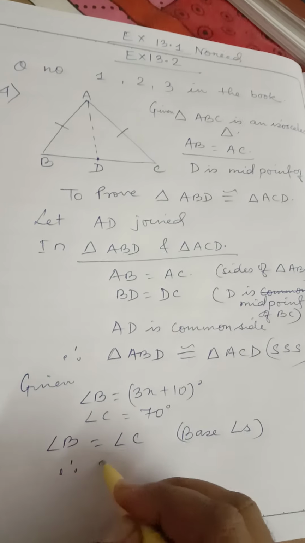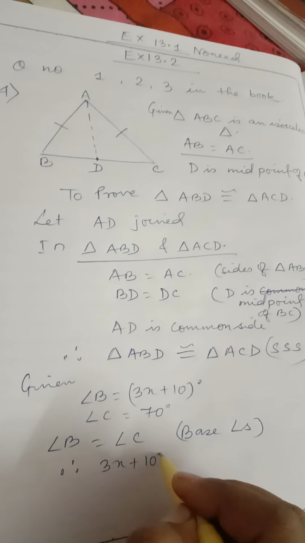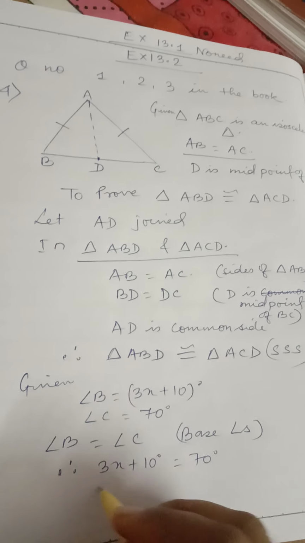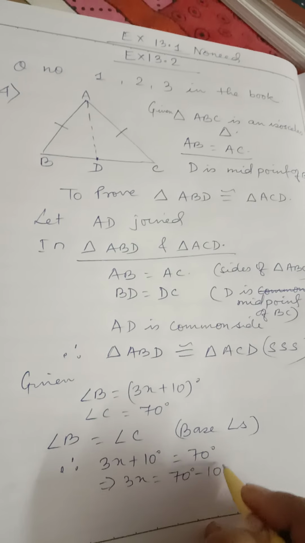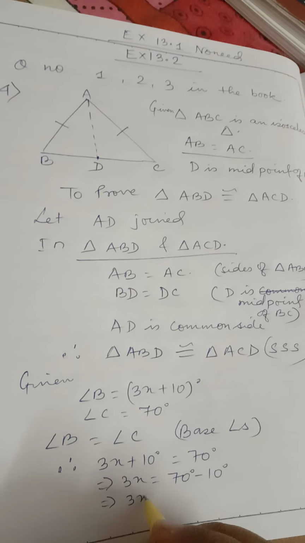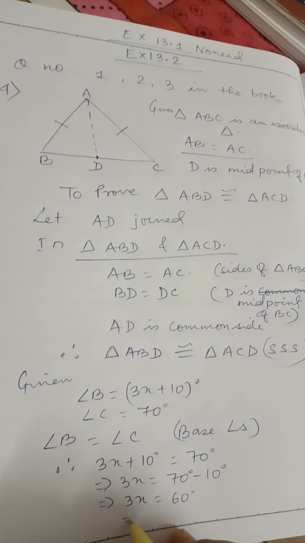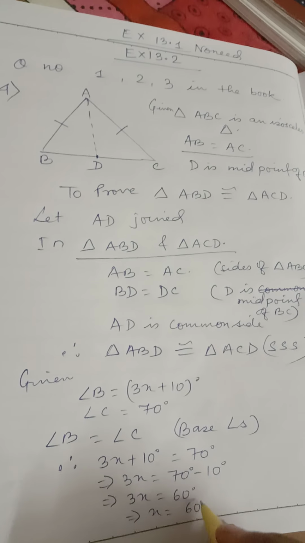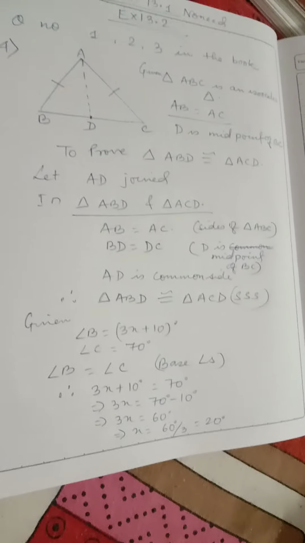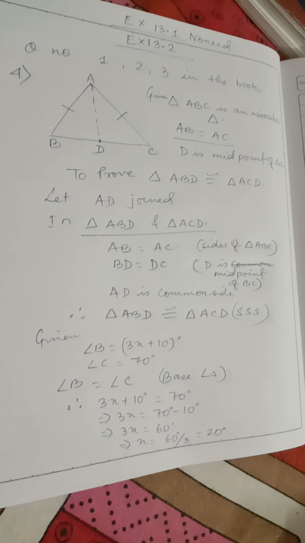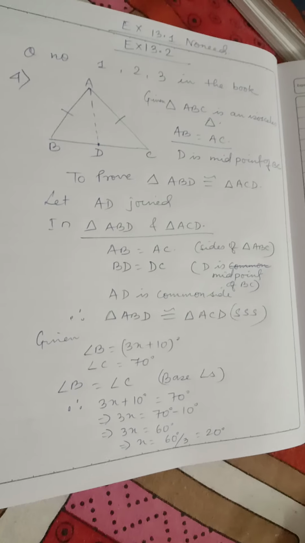So therefore we can write 3x plus 10 degree is equal to 70 degree. 3x is equal to 70 degree minus 10 degree. 3x is equal to 60 degree, or x is equal to 60 divided by 3, 20 degree. The value of x only they have asked you to find. So this is question number 4.